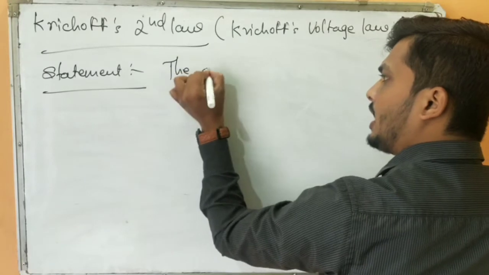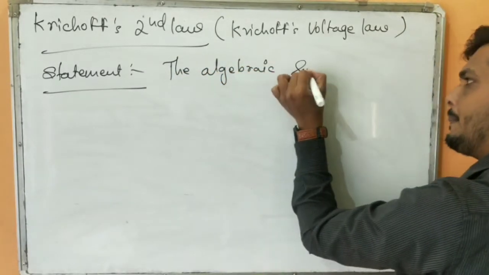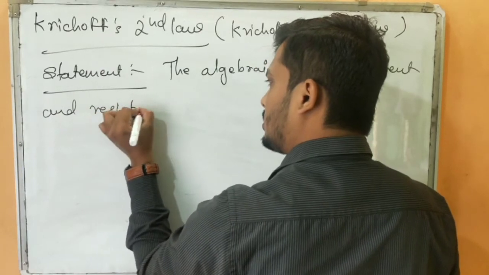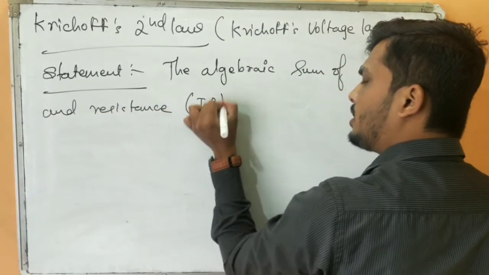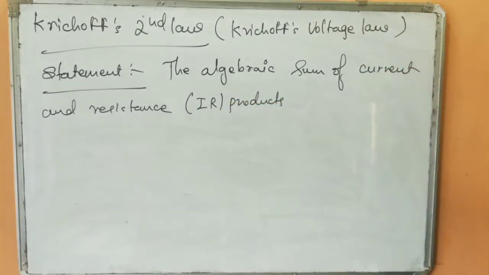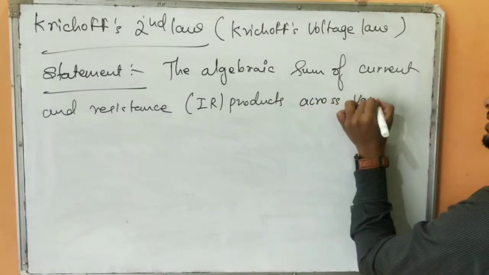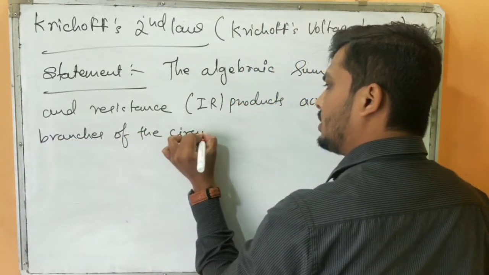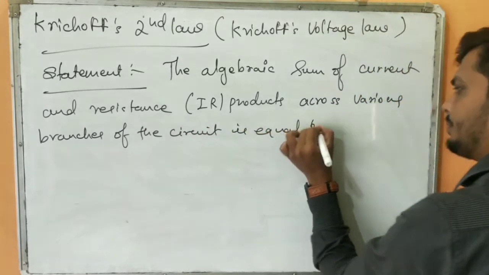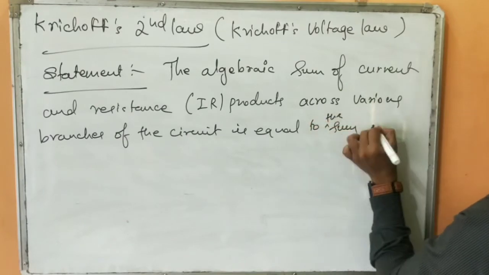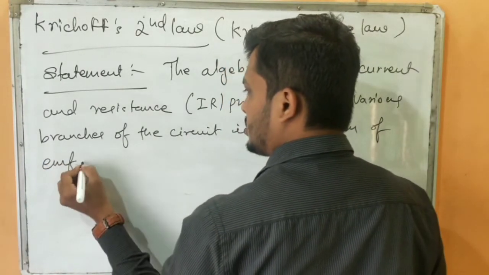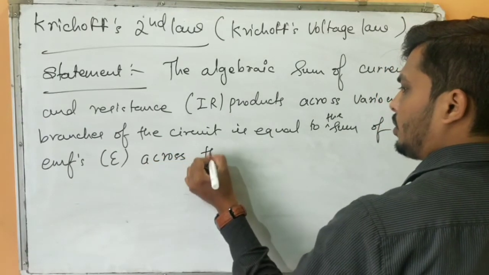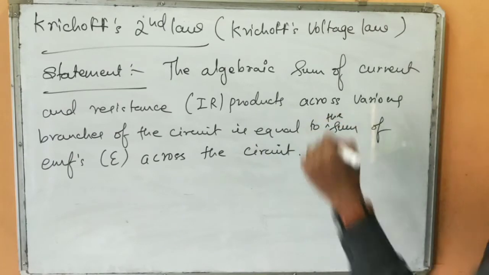It states that the algebraic sum of current and resistance products, that is IR products, across various branches of the circuit is equal to the sum of the EMF across the various branches of the circuit.